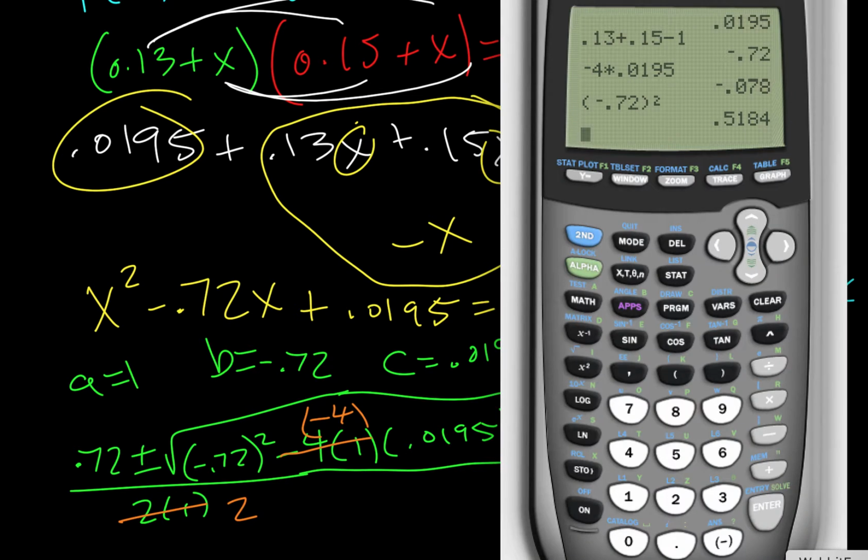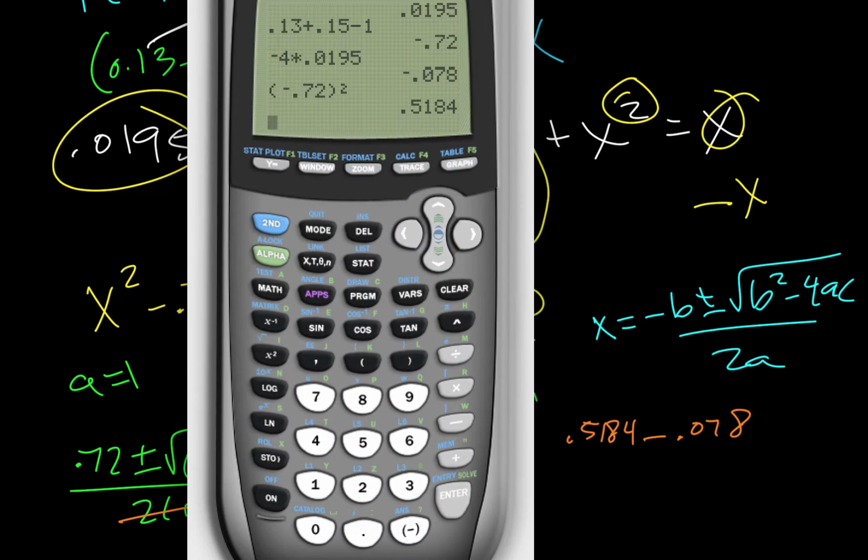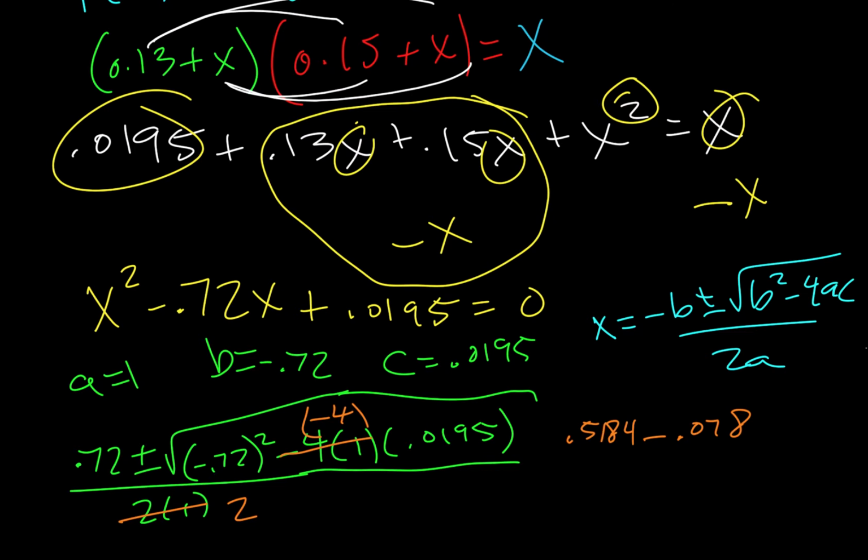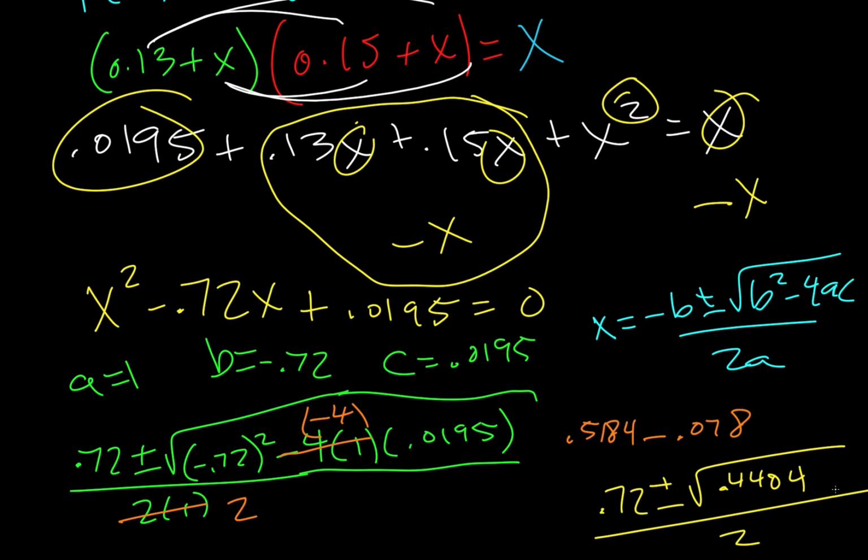So we just need to subtract 0.078 from the previous answer, and we get 0.4404. So we have 0.4404 under the square root, plus or minus 0.72, and this is all over 2.